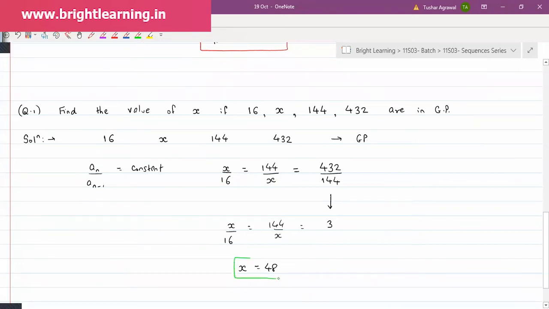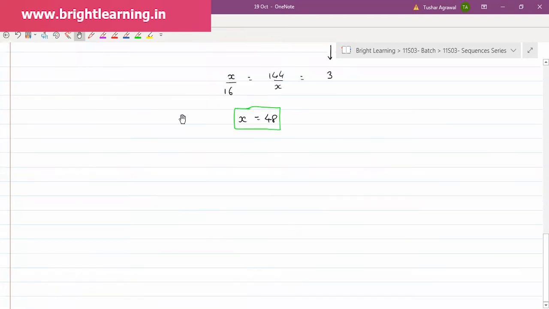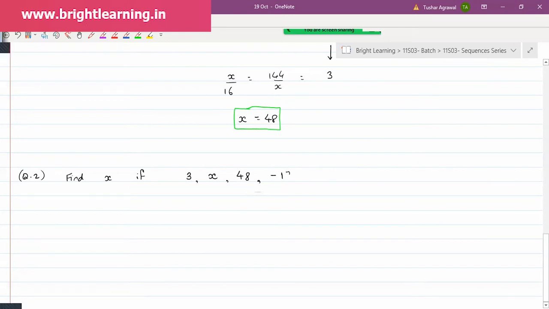Okay. Got it? Find x if these numbers are in geometric progression. -12, sir.